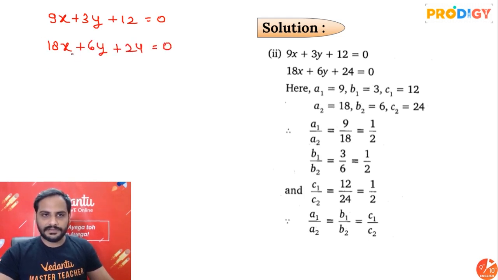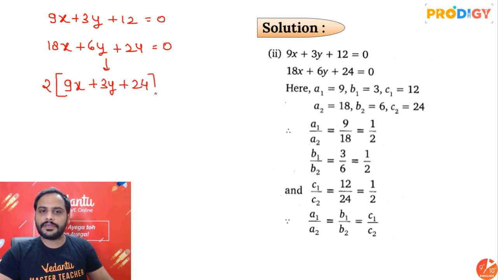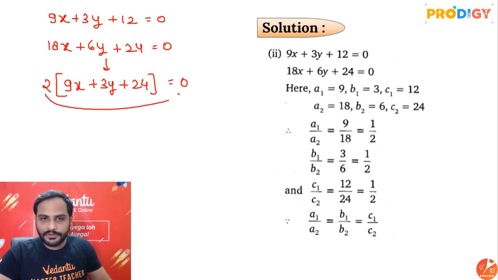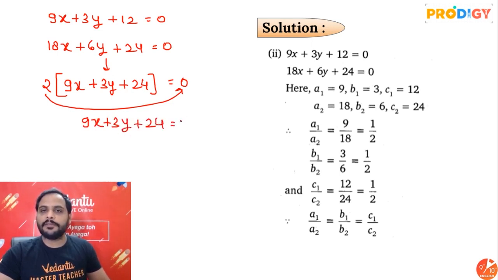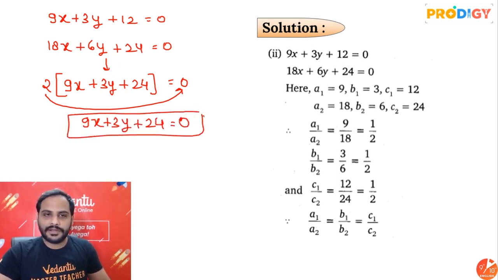In this equation, let's take 2 common. If I take 2 common, I am left with 9x plus 3y plus 12 equal to 0. And if I shift this 2 over there in division, it will ultimately again be 9x plus 3y plus 12 is 0 divided by 2, which is 0 only. So it is again the same equation.